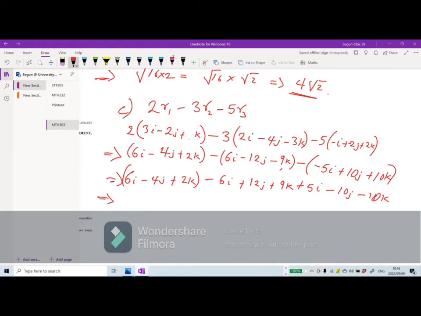I can move to the i: 6i minus 6i, then plus 5i. You now use positive here just to gather yourself. Then minus 4j plus 12j minus 10j.